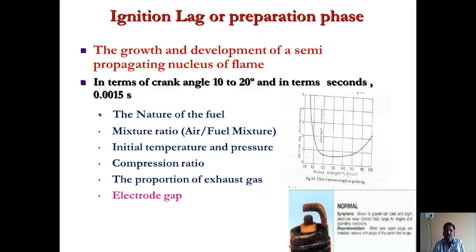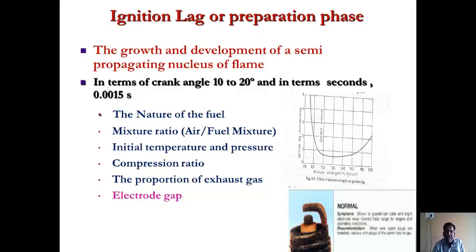From this spark, the nucleus of the flame has to grow and develop. That's happening during this ignition lag period. That's why this stage is called the preparation phase or early flame development. In terms of crank angle, the ignition lag period is around 10 to 20 degree. In terms of seconds, it's around 0.015 seconds.